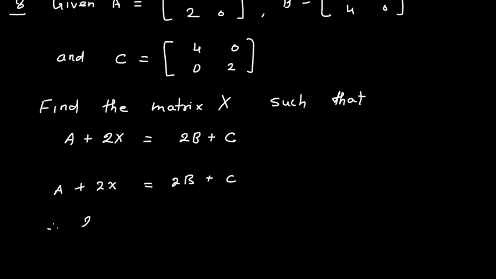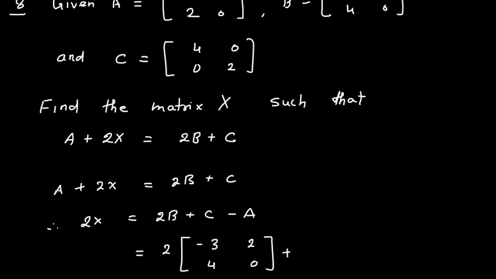So therefore I can say that this 2X is equal to 2B plus C minus A, which is equal to 2 into matrix B, which is [-3 2; 4 0], plus the value of C, which is [4 0; 0 2], and minus A. The value of A is [2 -6; 2 0].